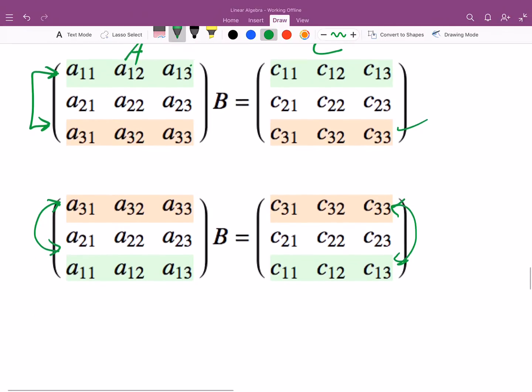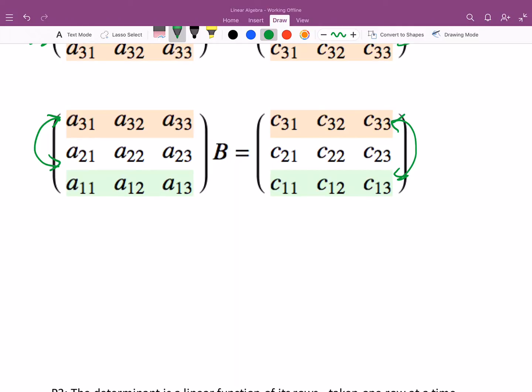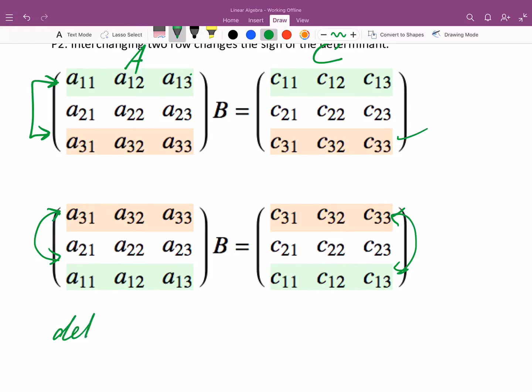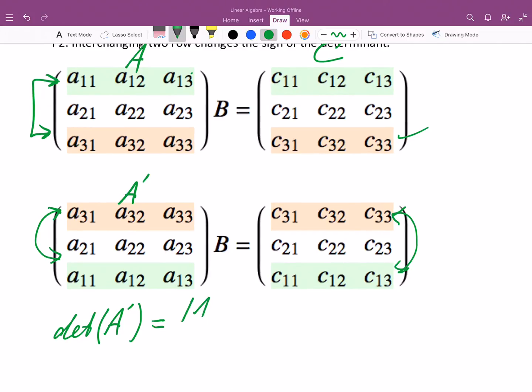That means the determinant of A, let me call it A prime, which is this, is equal to the determinant of A prime B over the determinant of B. And the determinant of A prime B is right here.